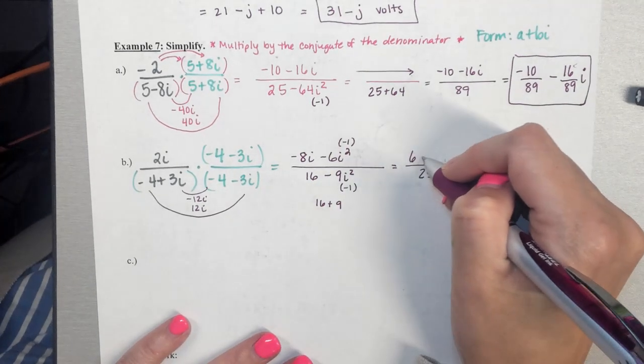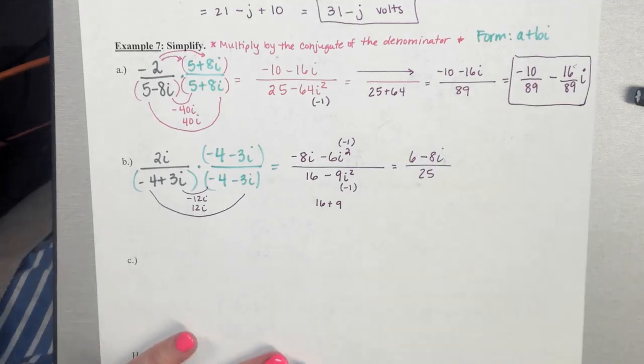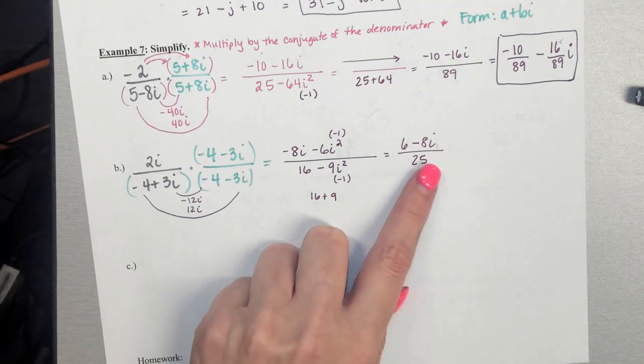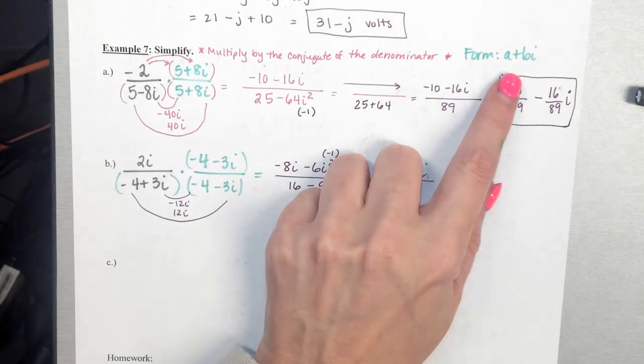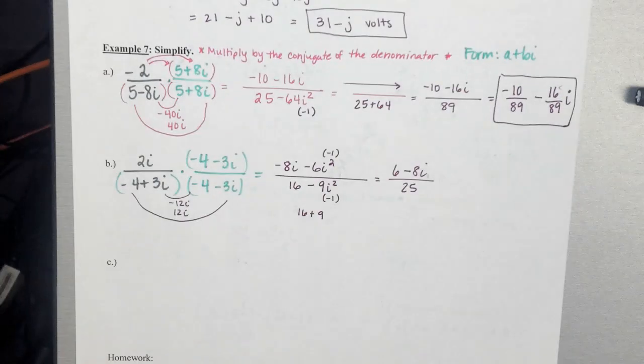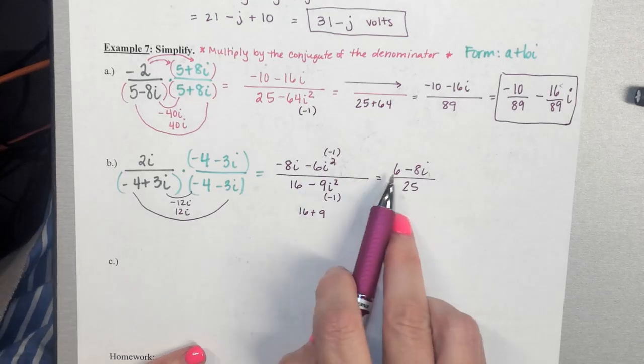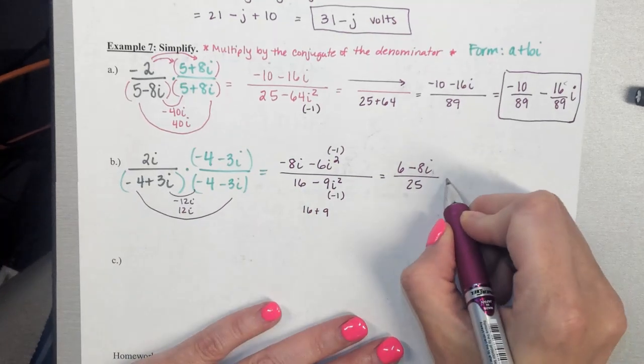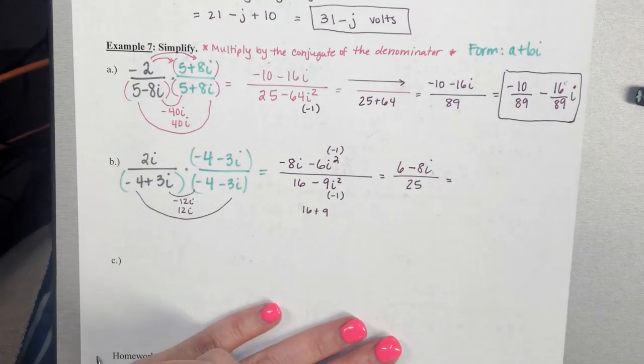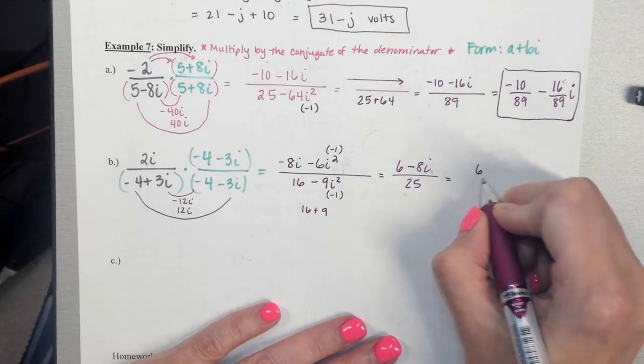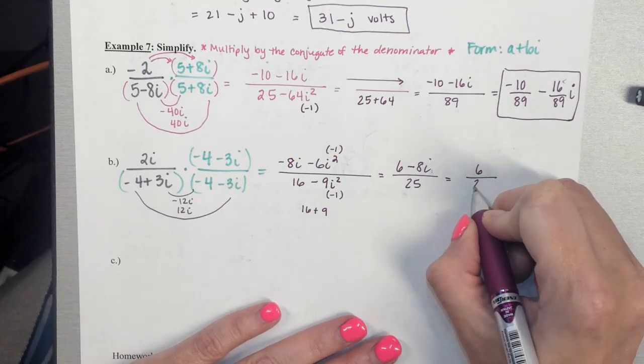I'm going to write it as 6 minus 8i here, just so I have that i term second, so it's in this form. You could also do that in the last step. That's okay. Just remember your negative times your negative here is going to turn into a positive.